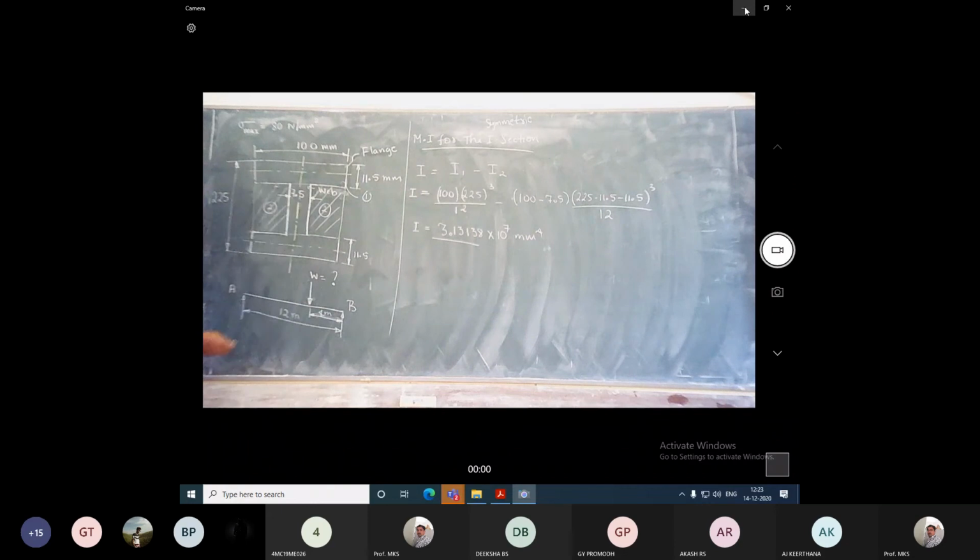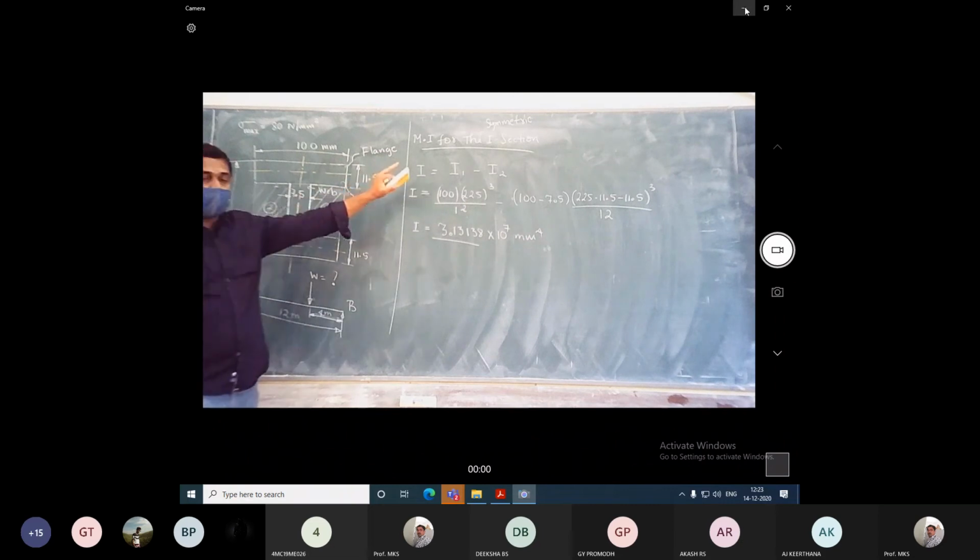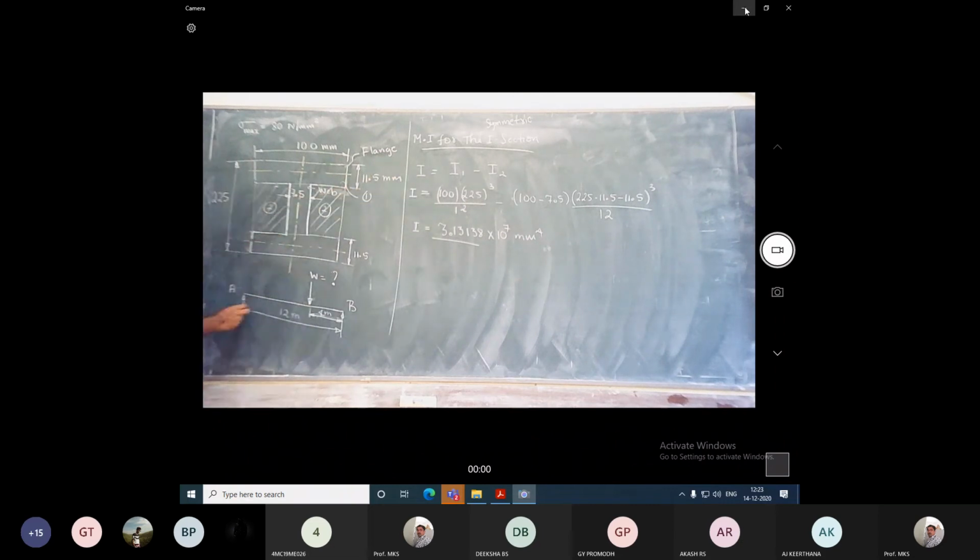Okay, now it is another regular problem like the last problem. Only this moment of inertia is different. It is a simply supported beam. Take the reaction forces as RA and RB, just like a regular simply supported beam. Find out RA and RB.